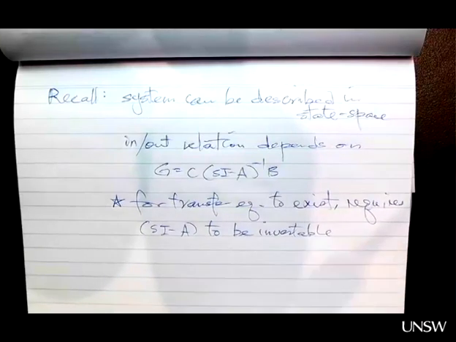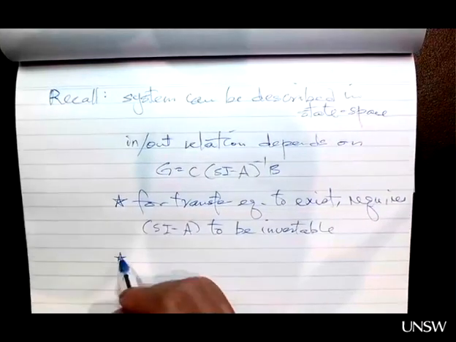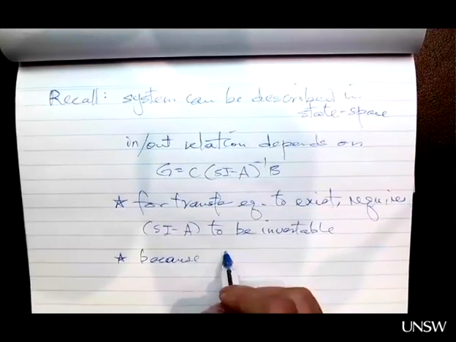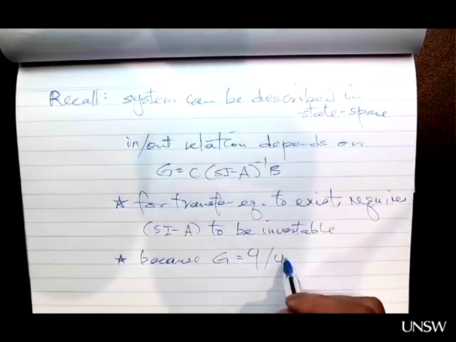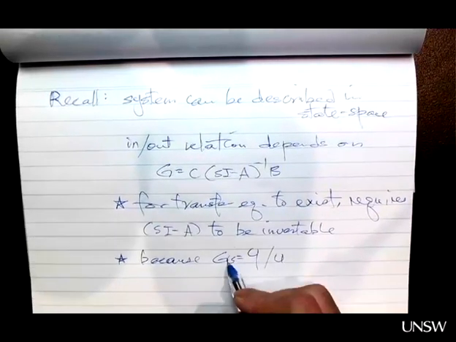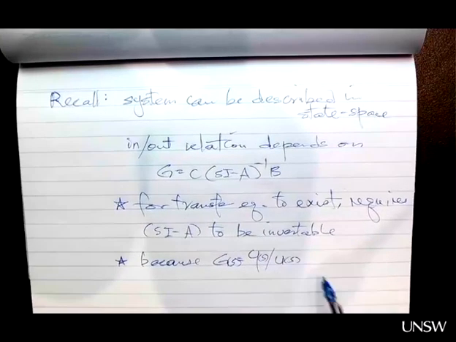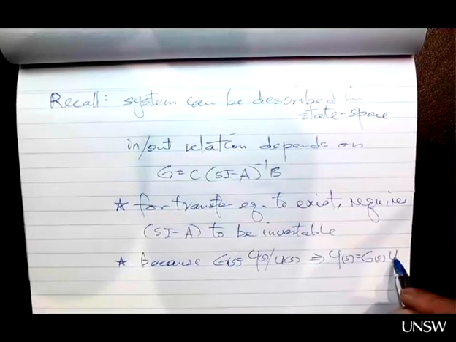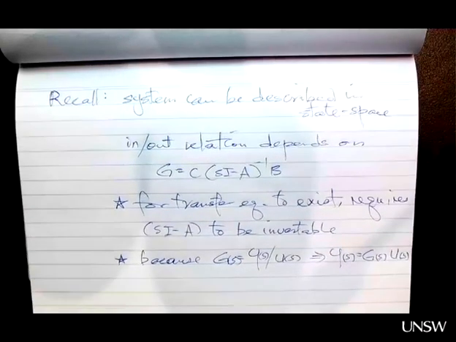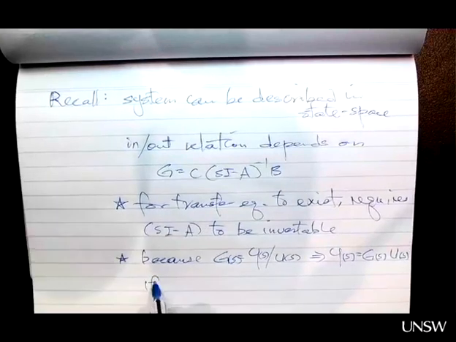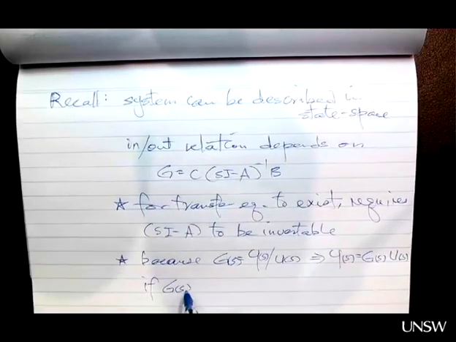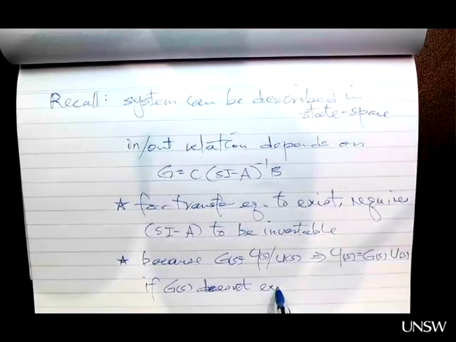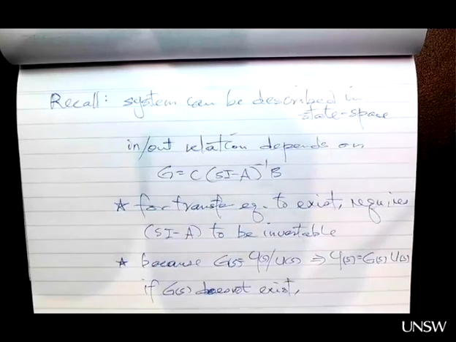So it is because the transfer function is the output divided by the input. So we have the output equals G(s) and then U(s). If G(s) does not exist, then Y(s) cannot be controlled.